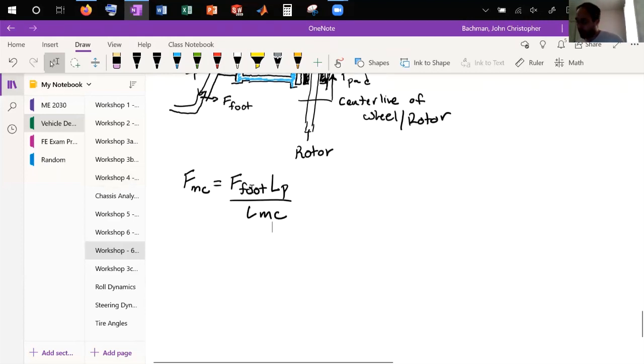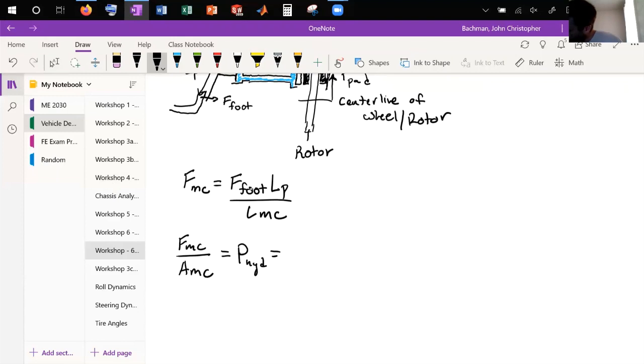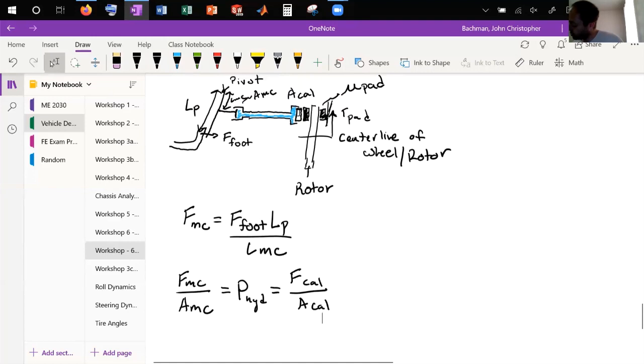And so we can then say the pressure in the master cylinder, force of the master cylinder over the area of the master cylinder, is going to be equal to the pressure in the hydraulic system, which is then the same as the force on the piston in the caliper. Sometimes you call that a slave cylinder or secondary cylinder, but over the area of the piston on the caliper, basically, right? So that's the force on here.